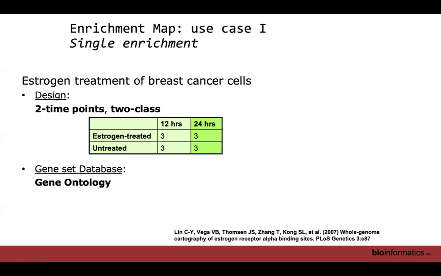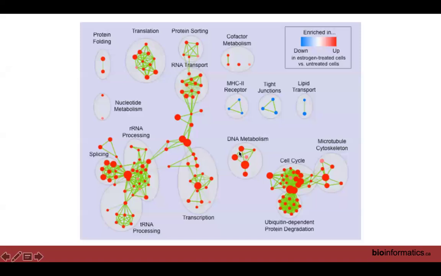We have 3 time points for treated and untreated, and actually the single use case here is only one individual time point. This analysis was done using just gene ontology. To create it, we found the differentially expressed genes for a given time point, ran GSEA using gene ontology, and translated those enrichment results from GSEA into an enrichment map.